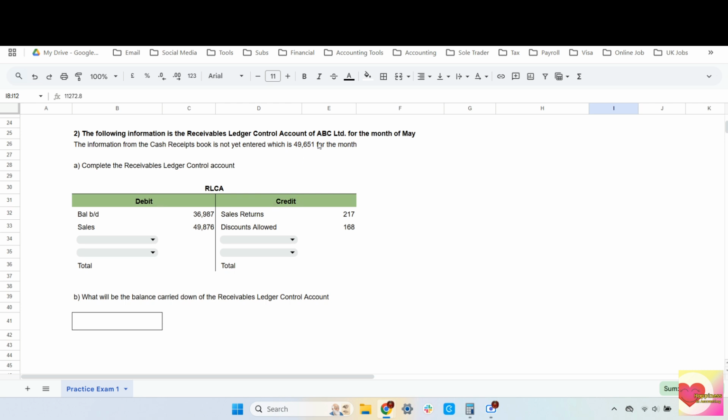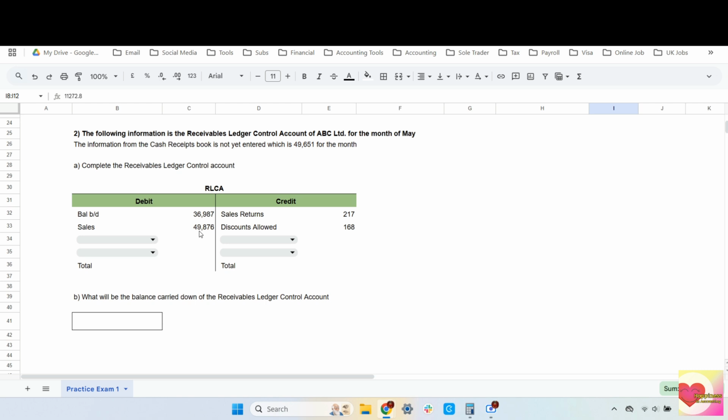This figure is from the receipt side of the cash book, so it means this is the money that we have received in our bank. RLCA is an asset account which increases in debit, and the only time it increases is when we have sales, so we record sales in debit.